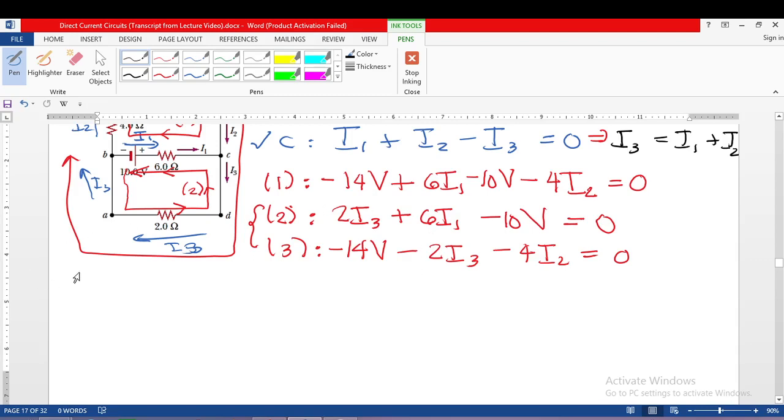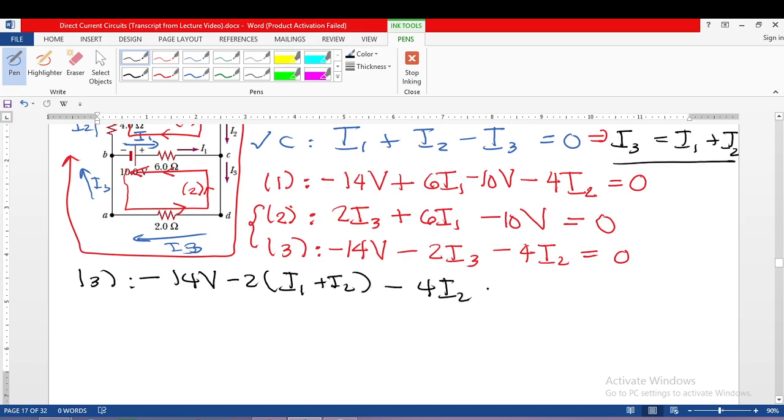Okay, so in equation 3 or loop 3, we can use this relationship: minus 2 times I1 plus I2. So I just have to substitute 1 here. Minus 4I2 is equal to 0. Then we have here negative 14 volts minus.